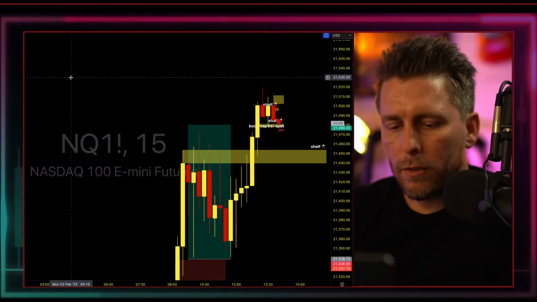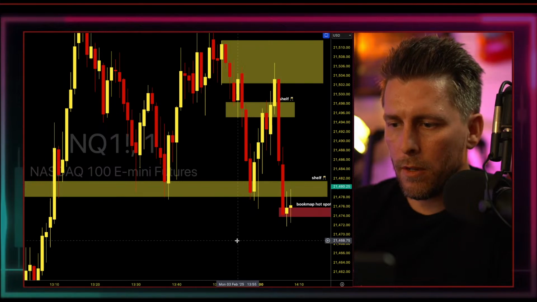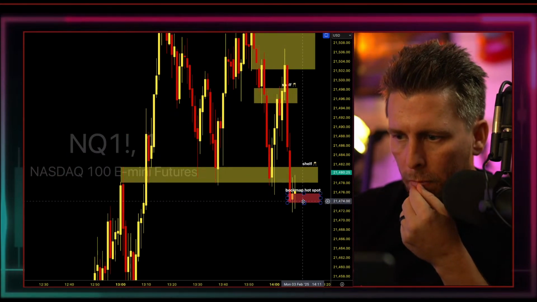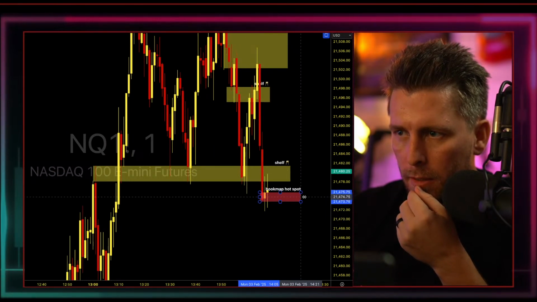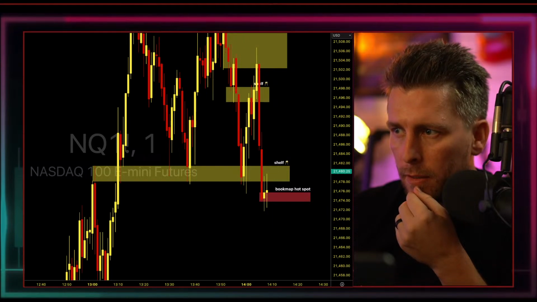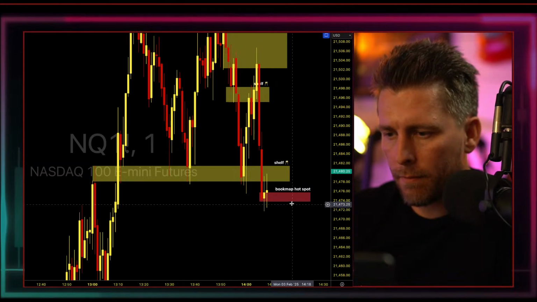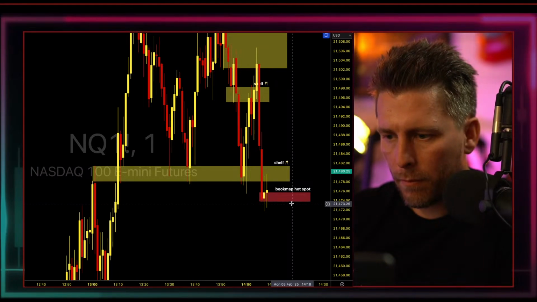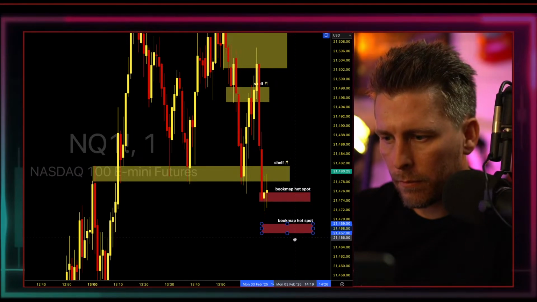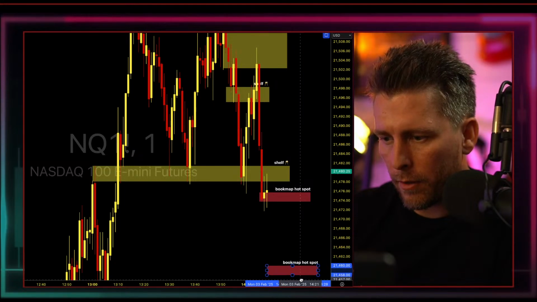Let's go back over to 1. So we took out this hotspot. We have another hotspot down below. 21,446. Damn, that's way down here.